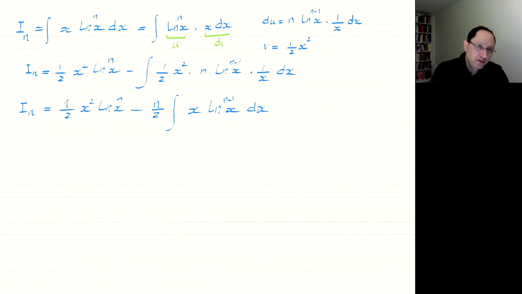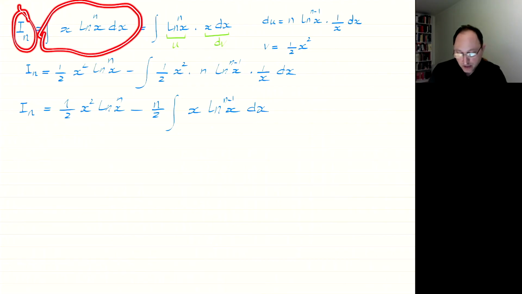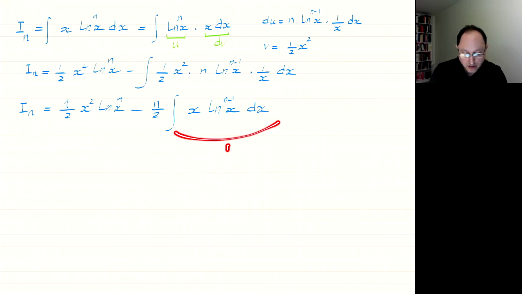Let me wait for you a little bit. I named the first integral I_n. In principle, I can call it K_n or whatever, but is there a better name here? No answers?